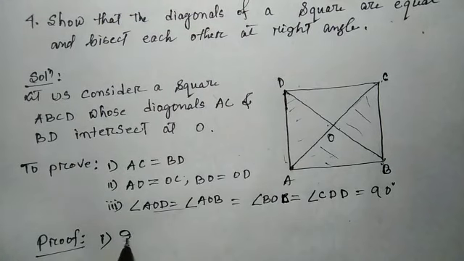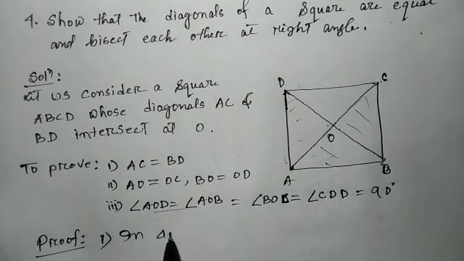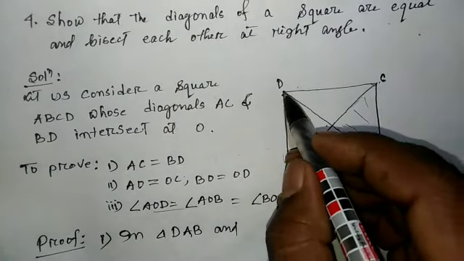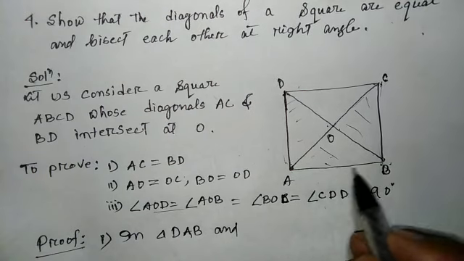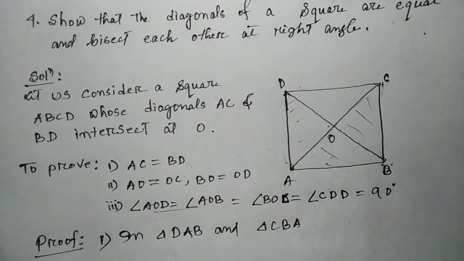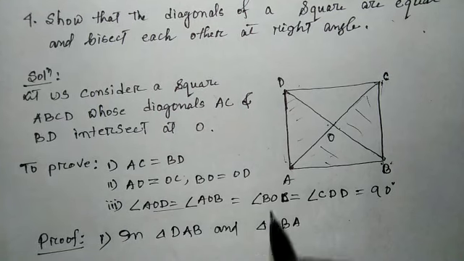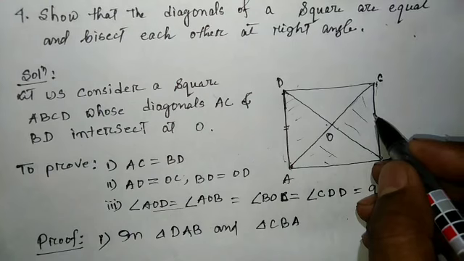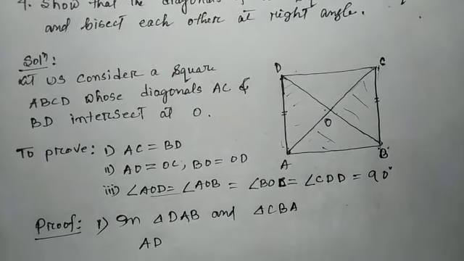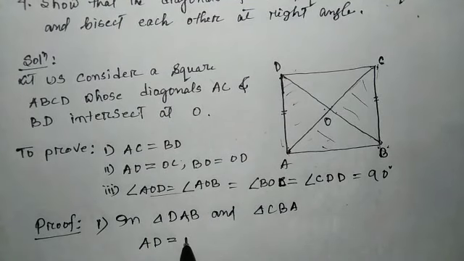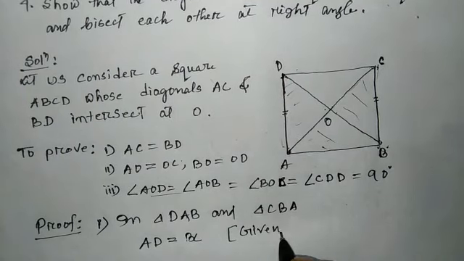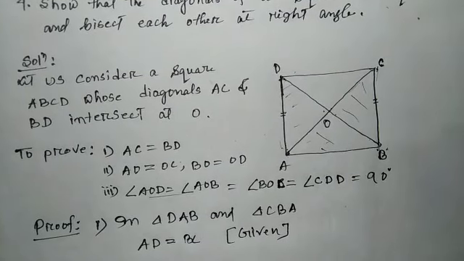So in triangle DAB, since we have taken DAB, then we have to take triangle CBA. In these two triangles, since it is a square already in the question, we can write AD is equal to BC, given.